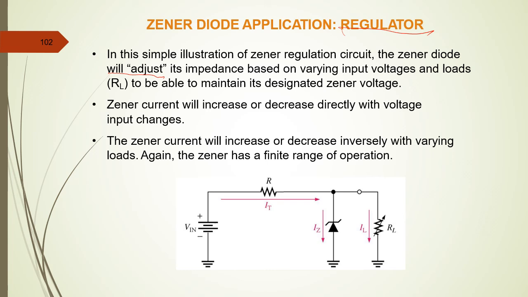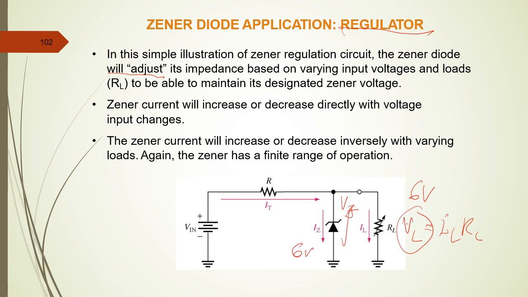Let's say this is the load voltage VL, where VL equals IL times RL. This is the Zener diode, and this is VZ, the voltage across the Zener diode. If we use a 6 volt Zener diode, because it is arranged in parallel with VL, it will try to maintain VL always at 6 volts.